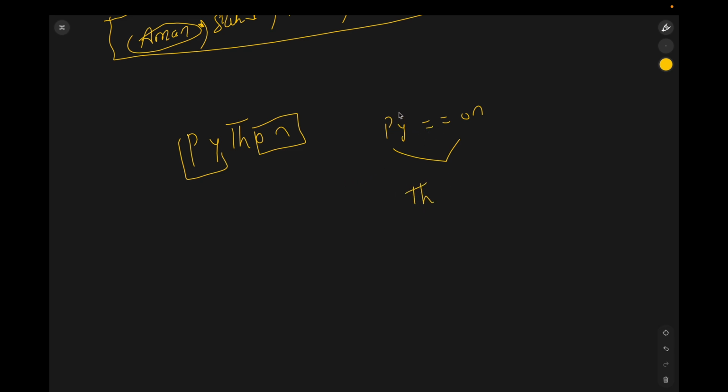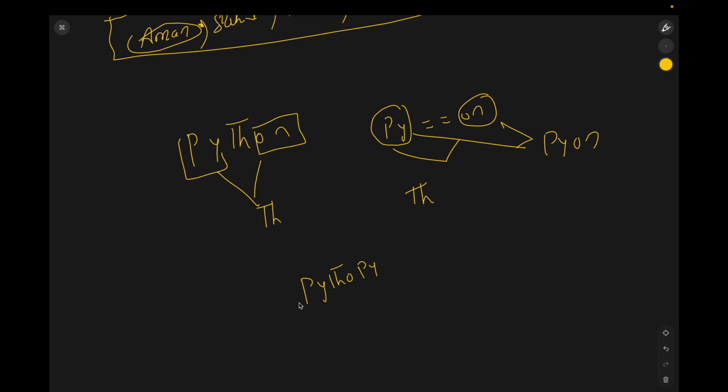If it is not same, if this py is not same as on, then you have to print something like this, py on. Since the first two characters are not same as the last two characters, the output I should get here is py on. And second, I will say py tho py, right? Now if I check this py and this py, these are same, so at that time I should print tho as an output, right?